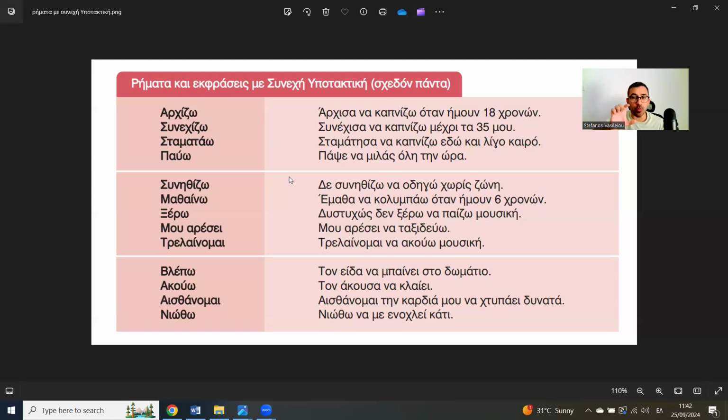Now, the second group of verbs that only take this repeated action are verbs like συνηθίζω, I used to, I tend to, μαθαίνω, I learn, I'm learning, ξέρω, I know, μου αρέσει, I like, and τρελαίνομαι, I'm passionate about, I'm crazy about.